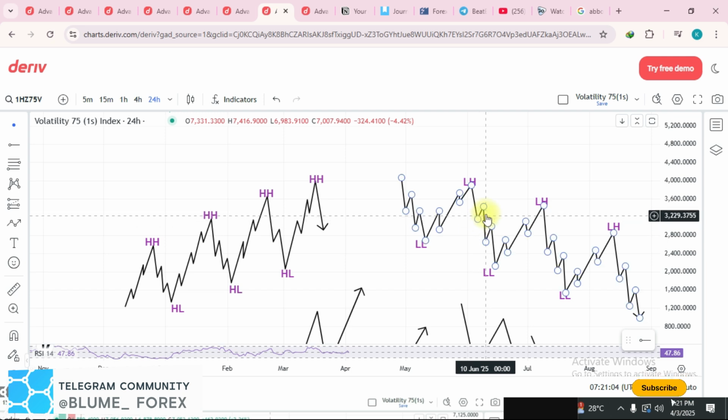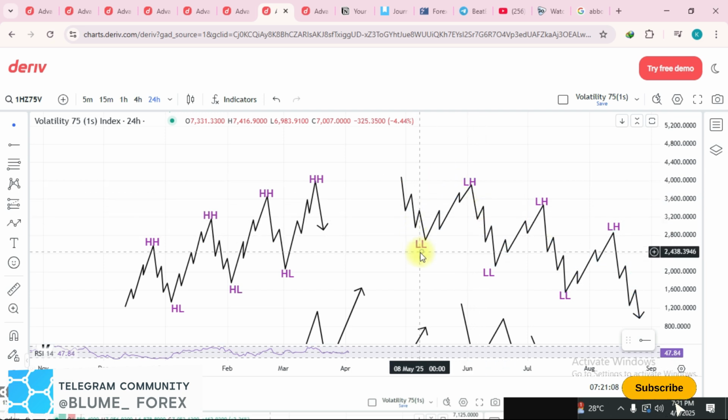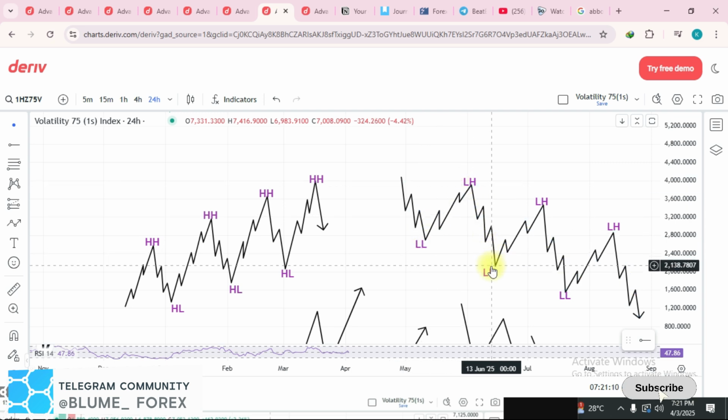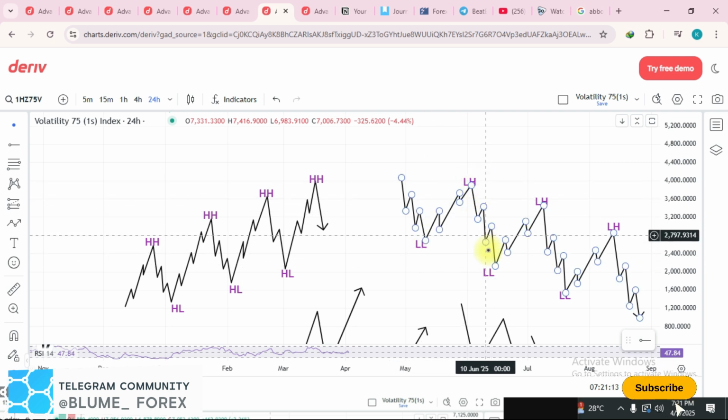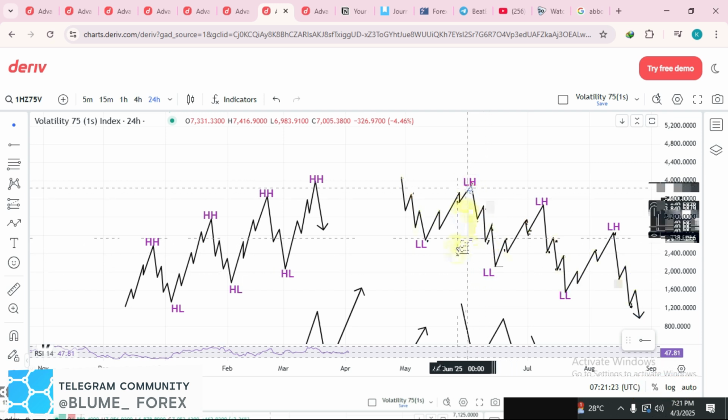So these lower lows and lower highs are internal structures to this whole lower low, lower high, lower low move. They are all on this line, so they are all minor structures to this high and this low.